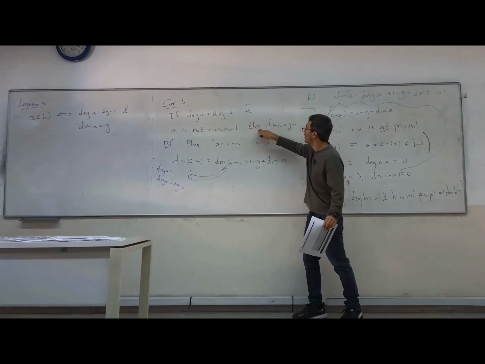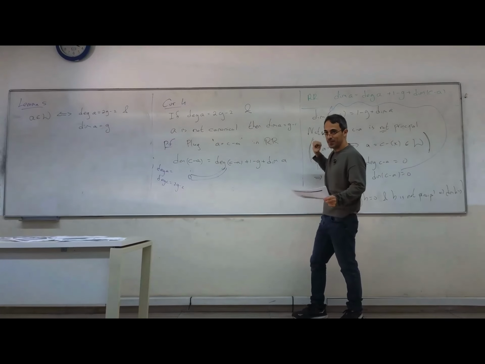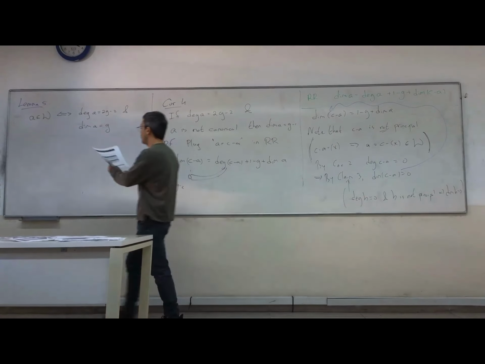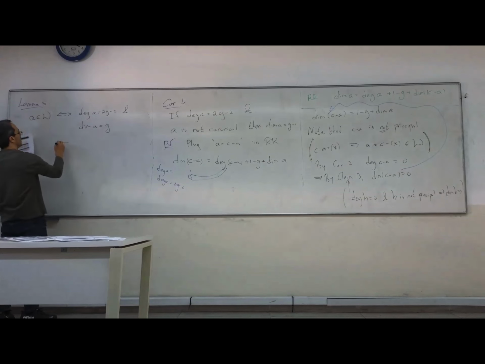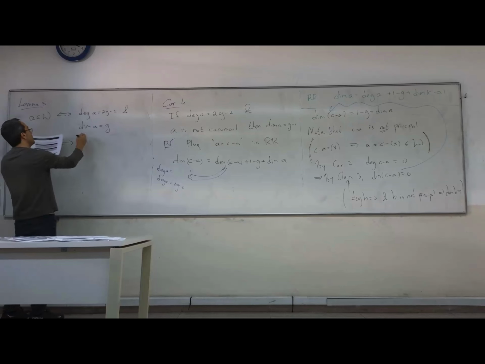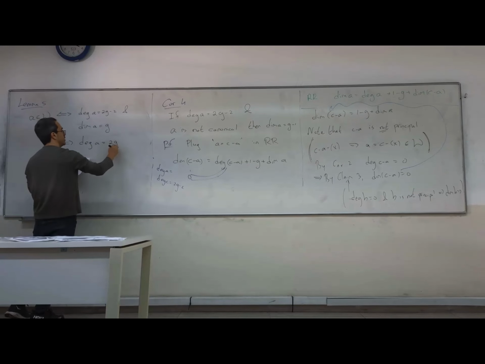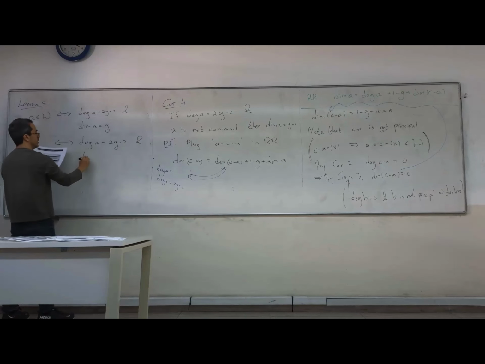It would have been enough to have that dim A is not equal to G. That's enough for the characterization. Now you know exactly what the canonical divisors are. But if you want, you can use the seemingly weaker requirement, which is easier to verify.